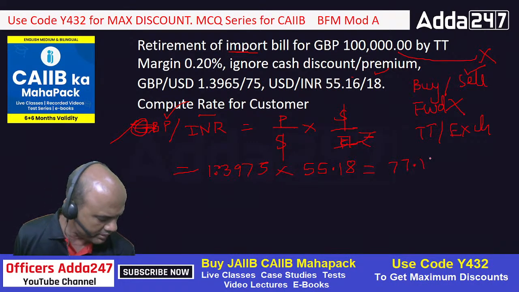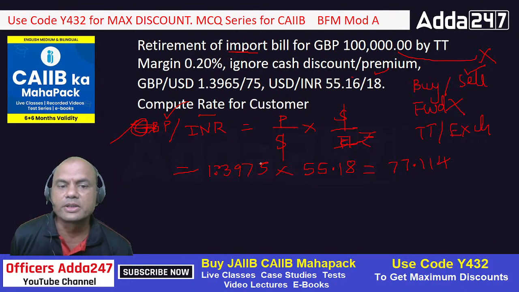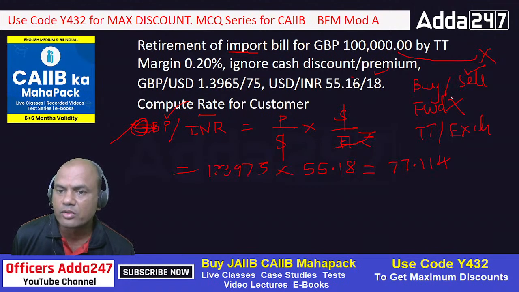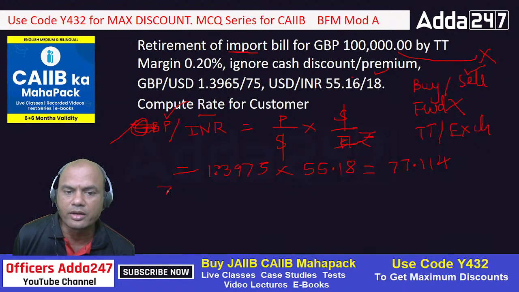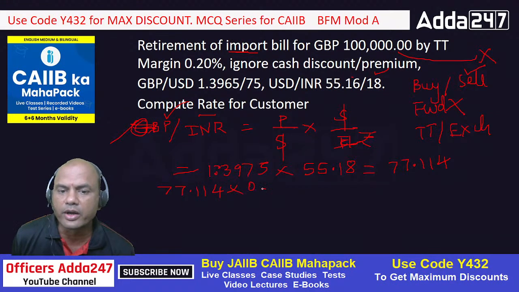B. Not exceeding 30% of the reserves of the bank or 30% of the capital of the company, whichever is lower. C. Not exceeding 30% of the paid up capital and reserves of the bank or 30% of the capital of the company, whichever is lower. And D is 30% of the capital of the company. So what do you think should be the answer?